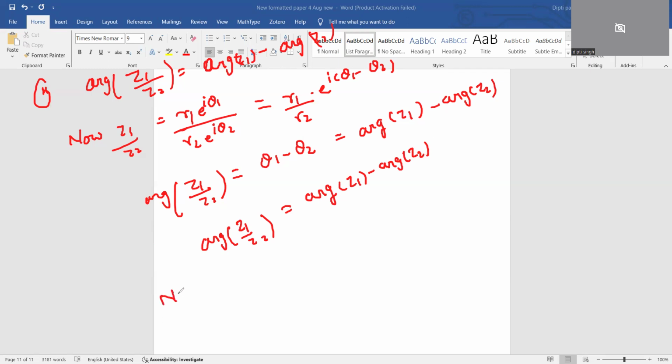Remember one thing, if argument of Z equals theta, then theta is not unique.